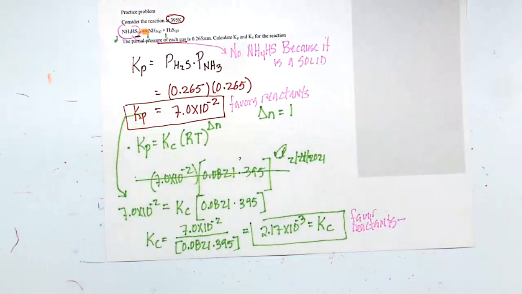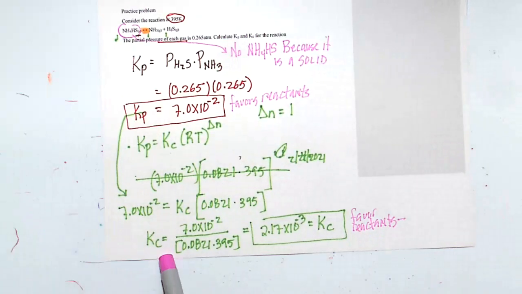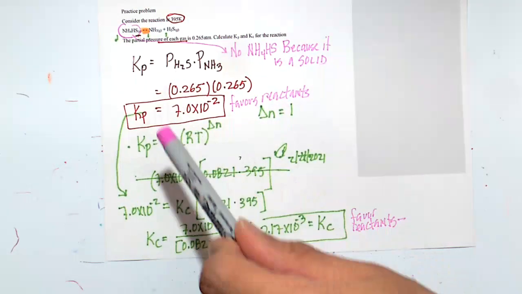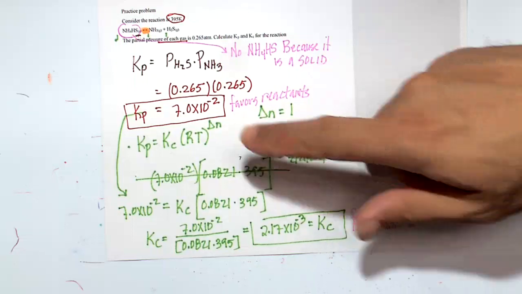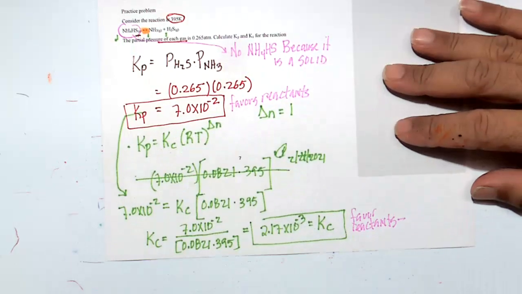So this is a problem where we calculated Kp, and from that Kp we were able to get Kc utilizing this equation. And I'll give you this equation on any exam, so you don't have to worry about that.